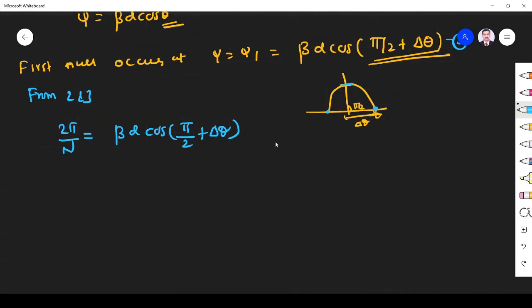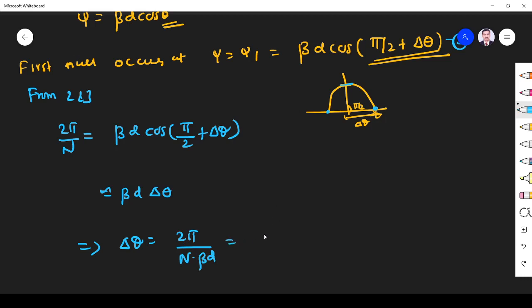Right? So del theta is a very small value. Cos of pi by 2 plus a small value is just that value only. So del theta is 2 pi by n, this indicates del theta is equal to 2 pi by n into beta d.